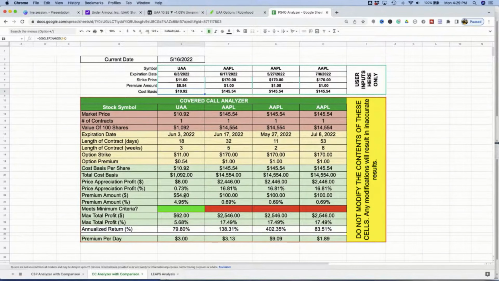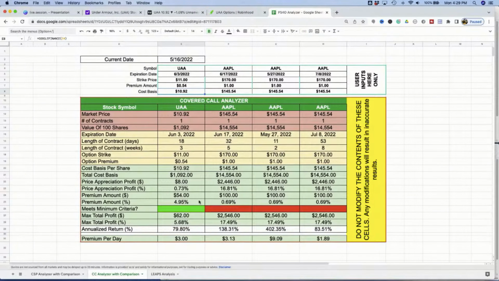And that $54, that's mine to keep forever. Remember, I showed you in the example, it doesn't matter what happens to the option contract: whether it gets exercised and my shares get assigned, I keep the $54. Or if the option contract expires worthless, I keep the $54.